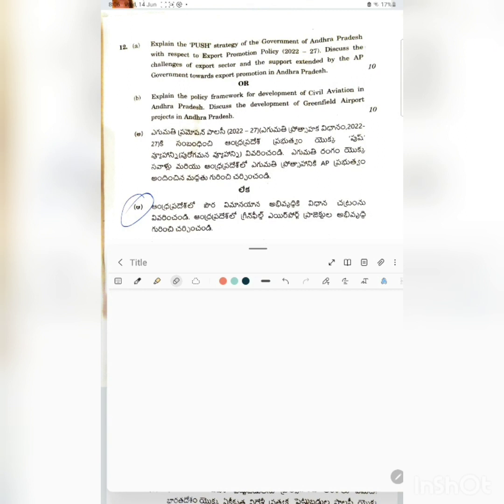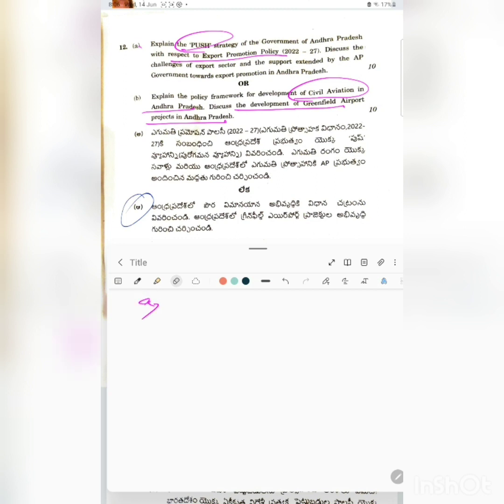The other question is: explain the policy framework for development of civil aviation in Andhra Pradesh and discuss the development of greenfield airport projects in Andhra Pradesh. See, again this is a very specific question, because I don't know anything about the push strategy of the Government of Andhra Pradesh and export policy promotion, so I haven't attempted a detailed discussion.